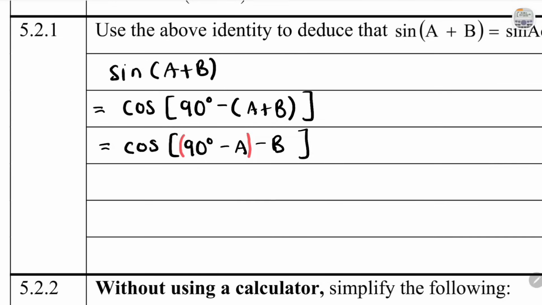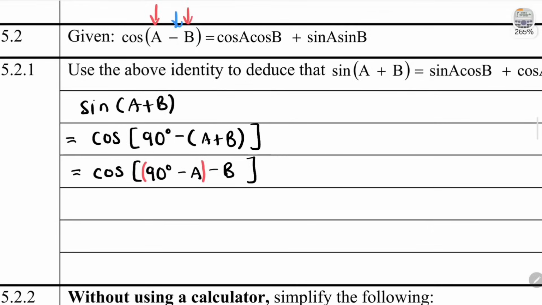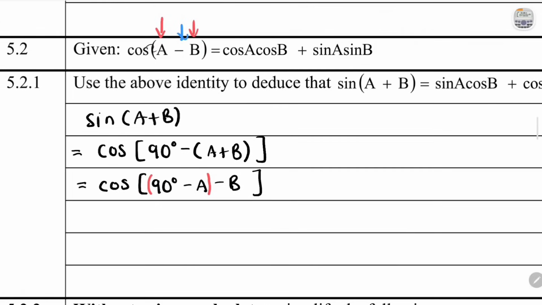Now that we have that, it's going to follow the same idea. See how we have cos of a first angle minus a second angle. Well, we have the same idea over here. Cos of this now serves as our first angle, and then we have minus a second angle. So we're going to use this rule on this.